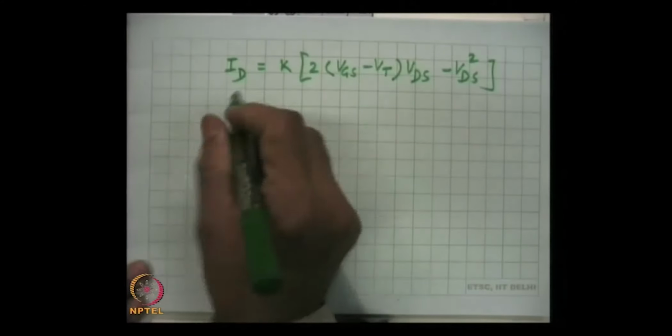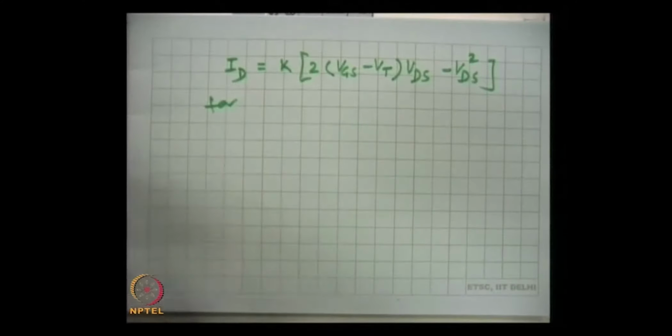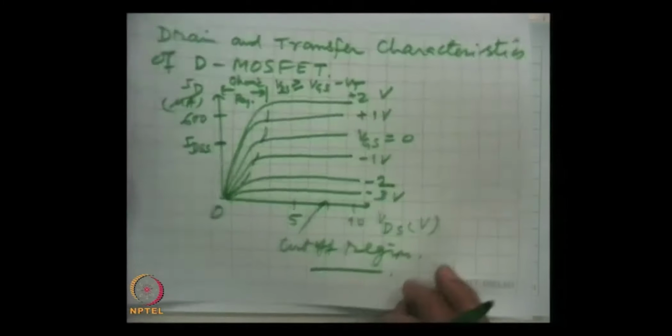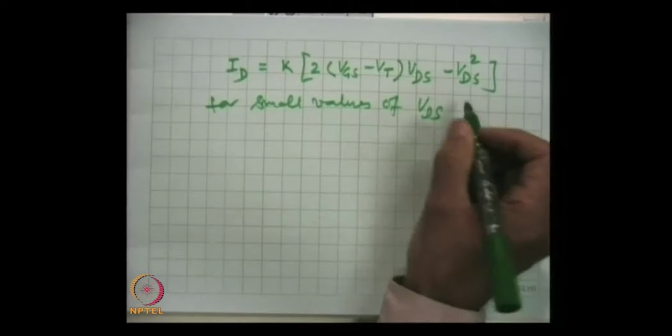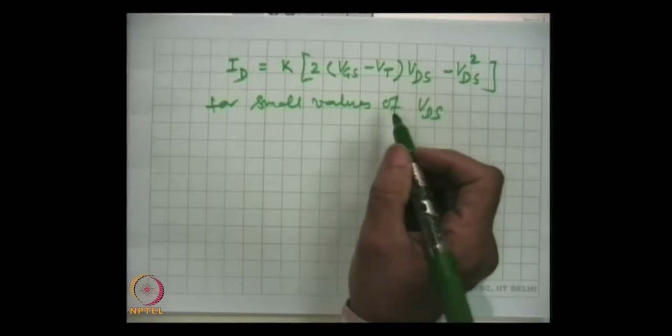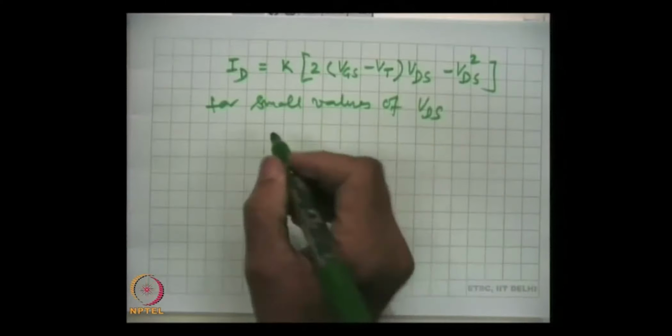This is the expression, and for small values of VDS, which is true for this ohmic region, the square term can be neglected, and ID can be written as K times 2 (VGS minus VT) into VDS.